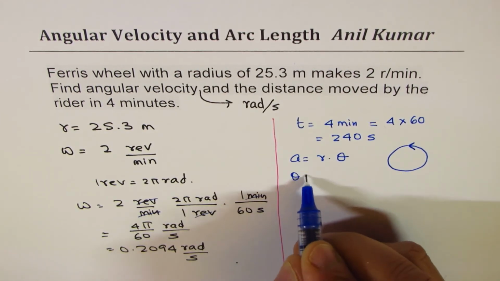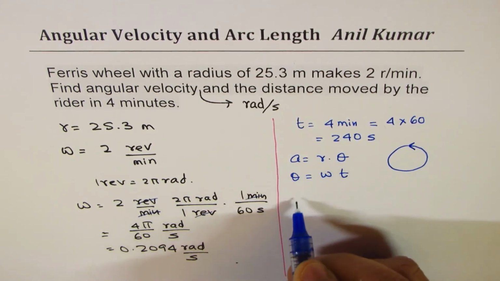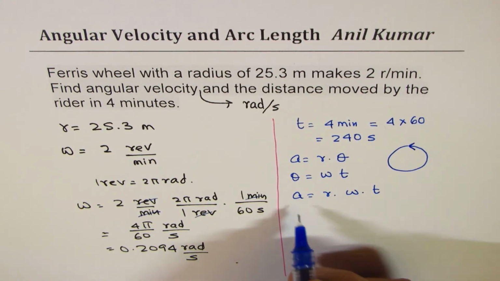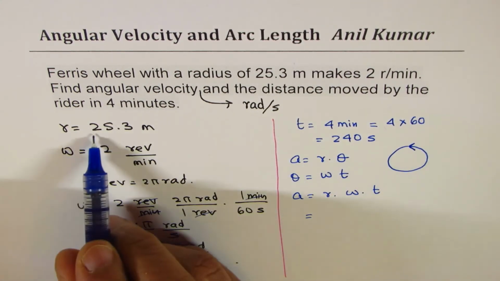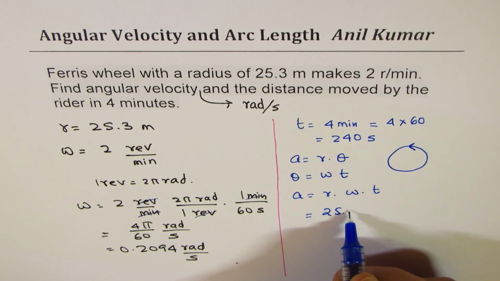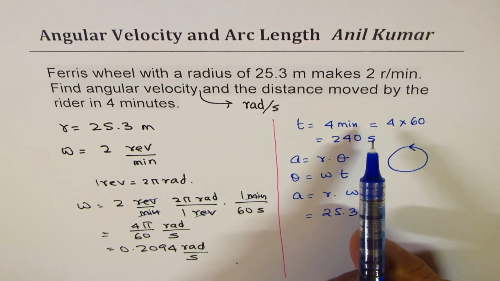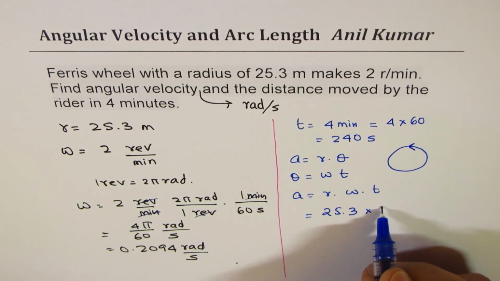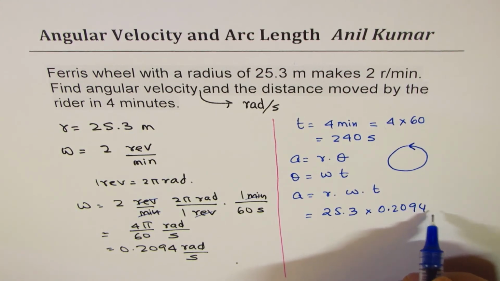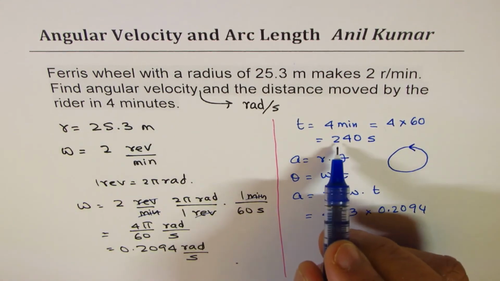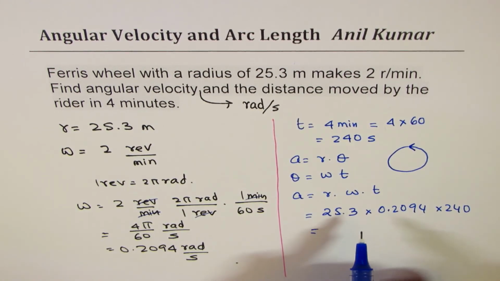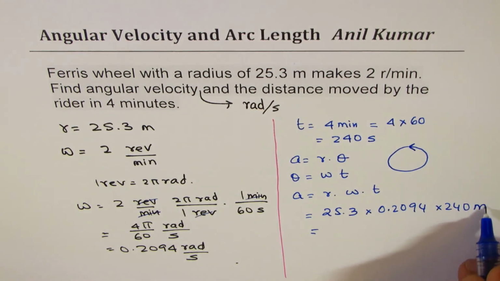And we know theta is omega times T. So A will be R times omega times T, correct? So the distance moved will be the radius, which is 25.3 meters, right? And omega is all this, which is 0.2094, and time is 4 minutes, which is 240 seconds, times 240. And the units will be the same as radius units, meters.